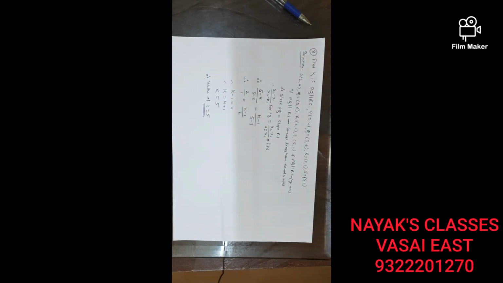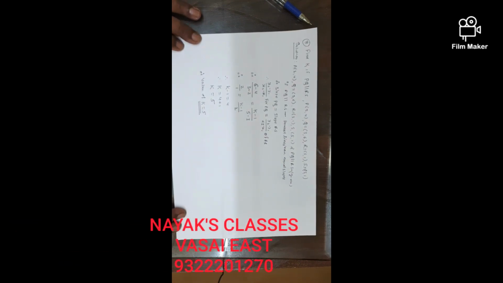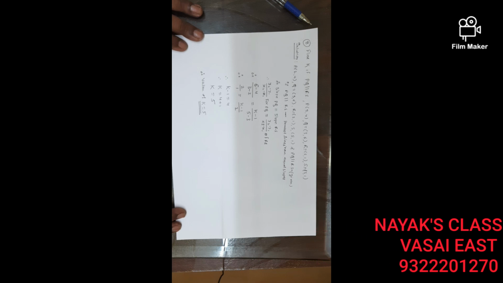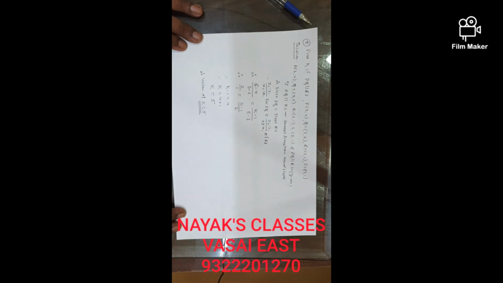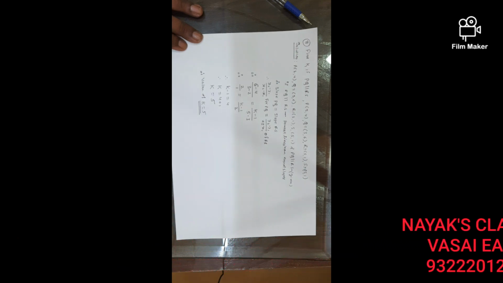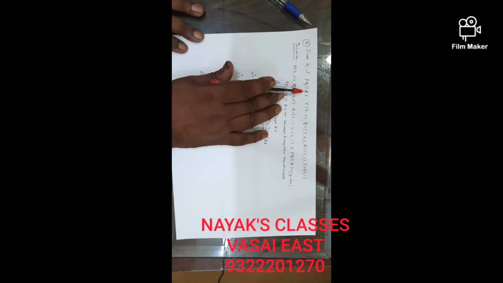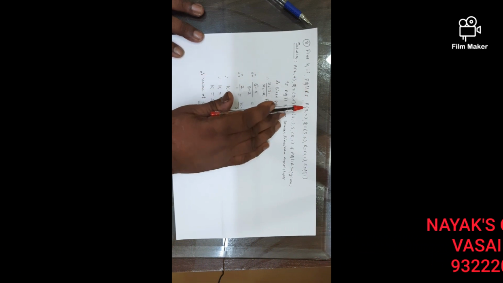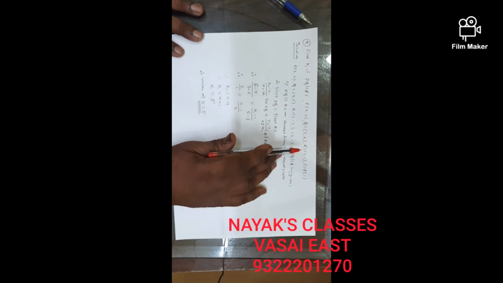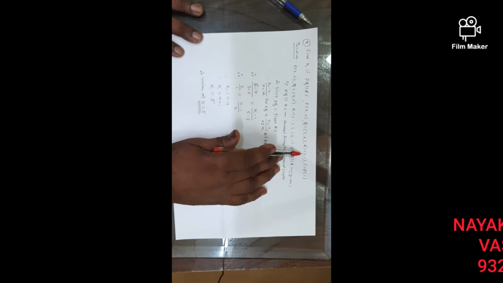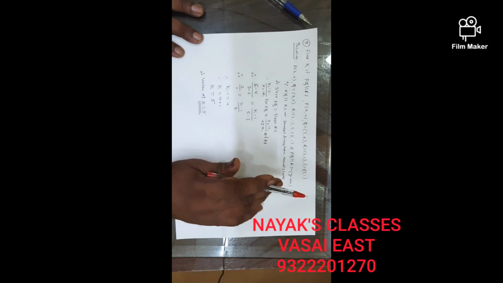And the last example of 5.3 is the condition of parallelity. When two lines are parallel, they have equal slopes. Here they have given, find k if PQ is parallel to RS and the coordinates of P are (2, 4), coordinates of Q are (3, 6), coordinates of R are (3, 1), and coordinates of S are (5, k).